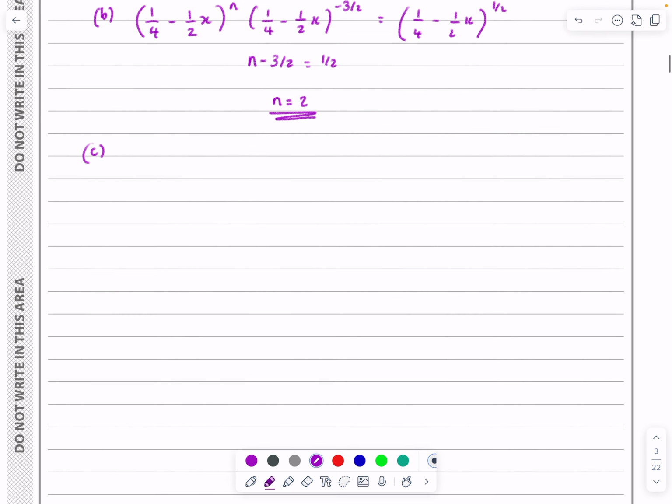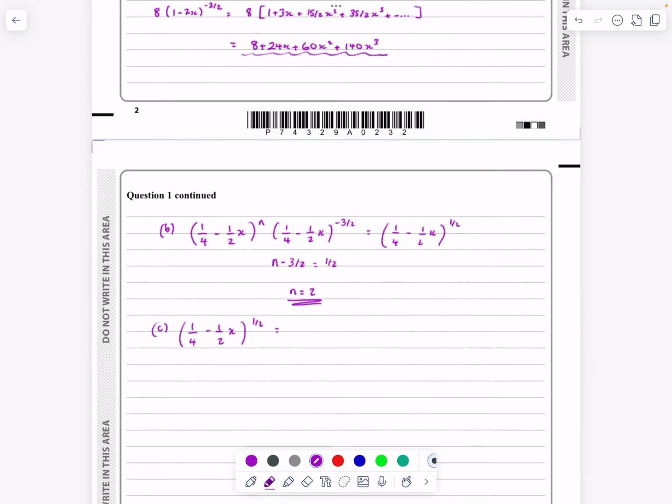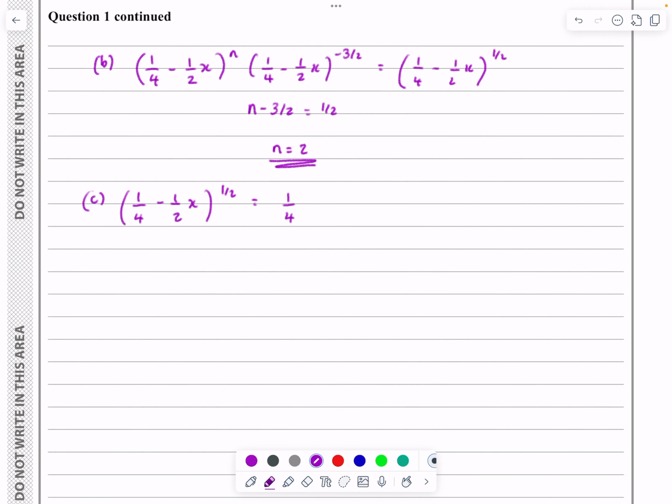So a quarter minus a half x all to the power of a half then is going to be, because of what we've just worked out, a quarter minus a half x squared, all multiplied by our first part, and our first part was 8 plus 24x, 60x squared, and 140x cubed here. So now if I can just multiply this thing out to work out what we're going to have, we only want 3 terms of it.